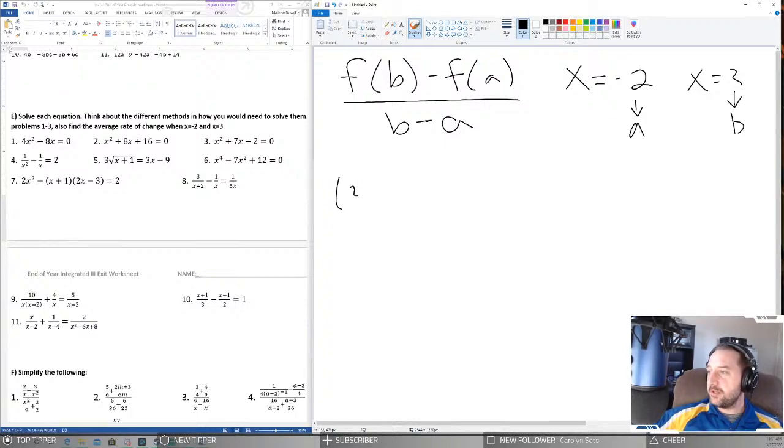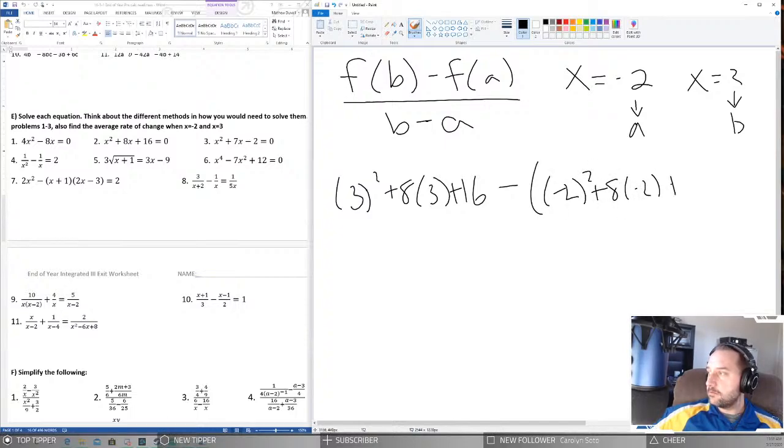So that means you plug in 3. Minus your function with A plugged in. So now you plug in A. And that's all over B minus A.